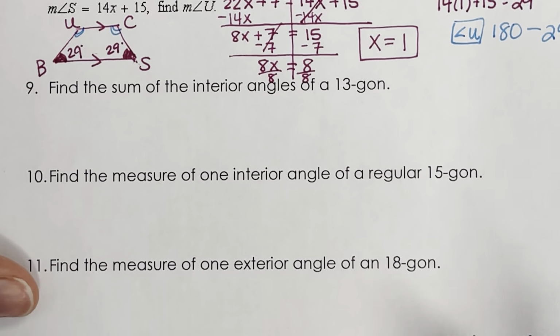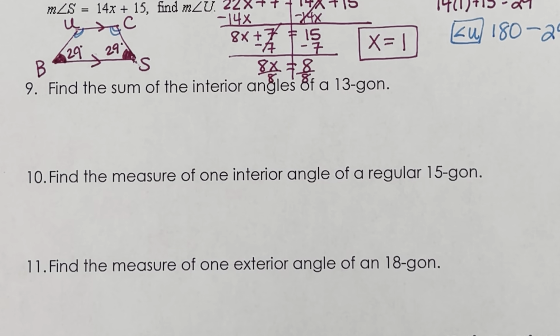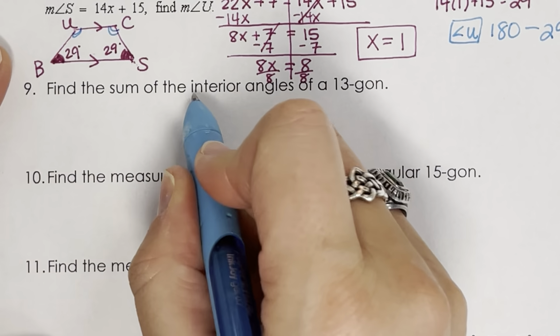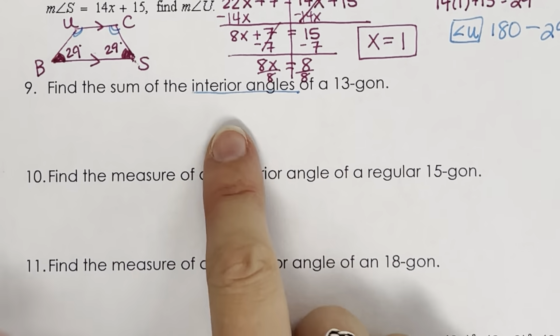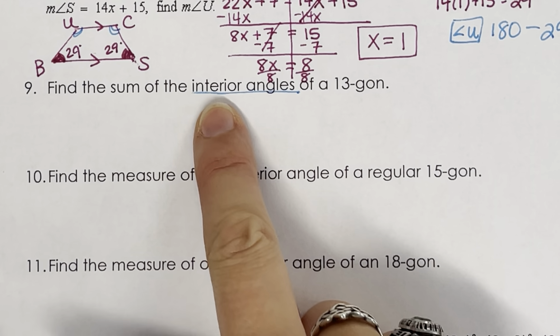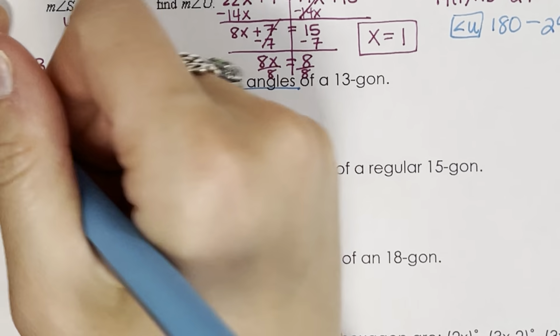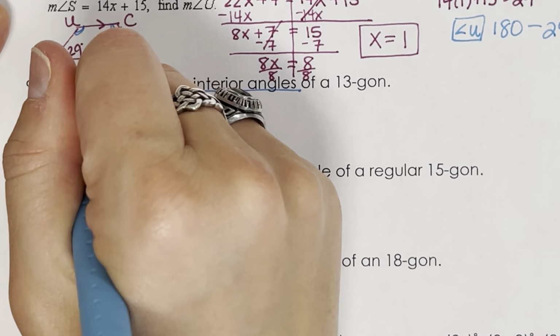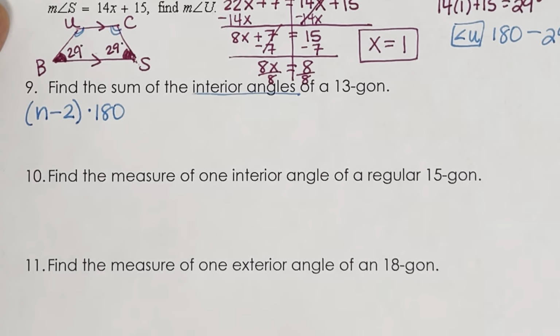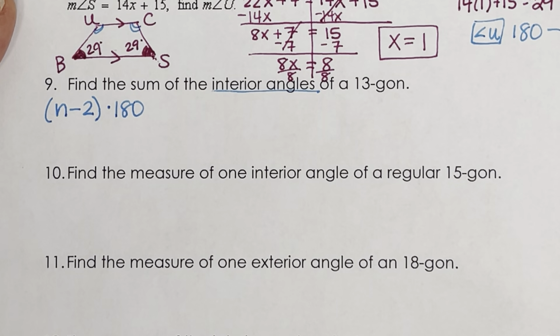Number 9, find the sum of the interior angles of a 13-gon. Now, remember, to find the sum of the interior angles, I take the number of sides minus 2, and then multiply that times 180, and that should give me my answer.